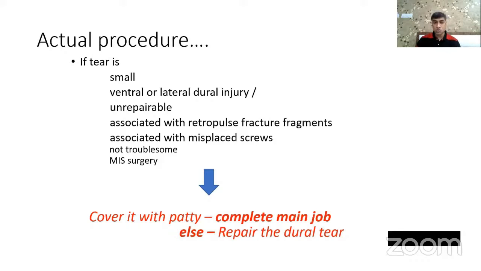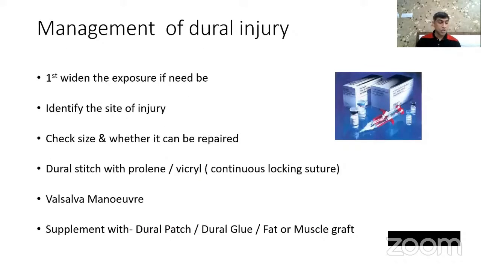If it is not so, or it is causing a problem, or it happens at the beginning of surgery and it's a small repairable dural injury, then it is better to do the repair first and then do the rest of the procedure as we would have done otherwise. Once the dural injury is seen, check if we need extra exposure. If need be, do it.